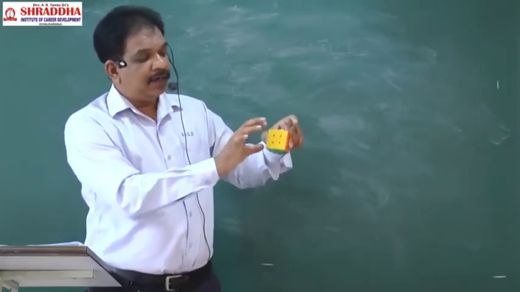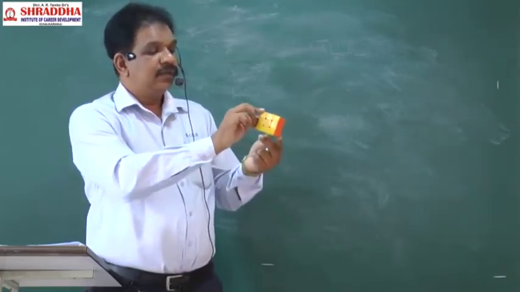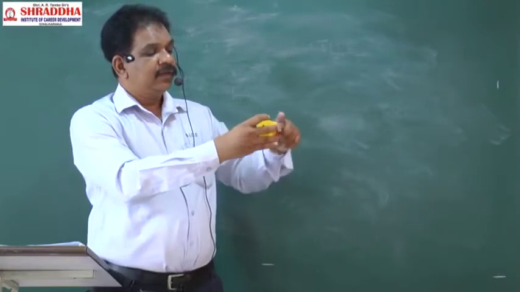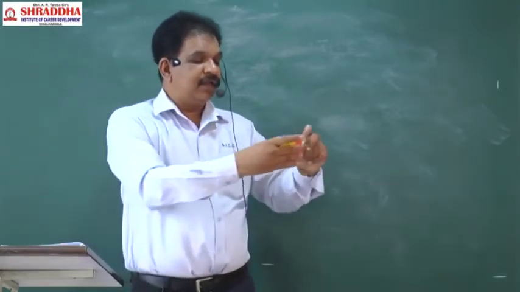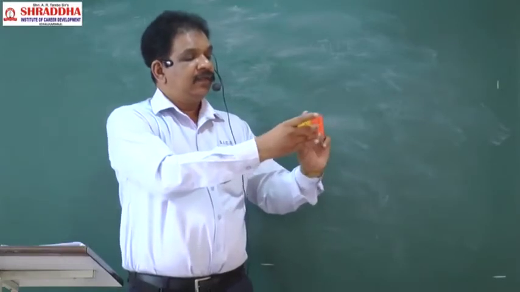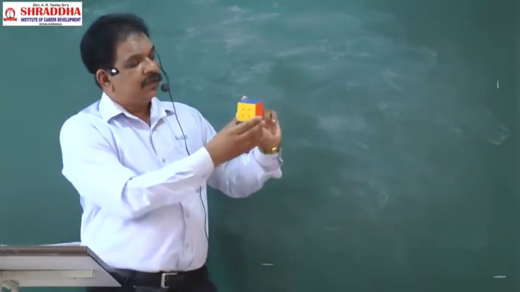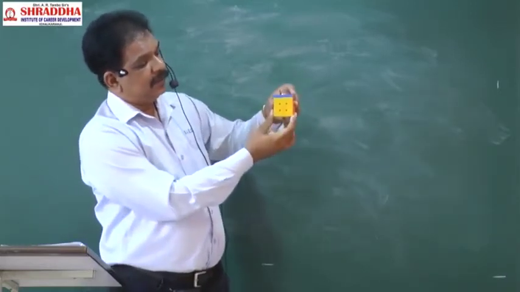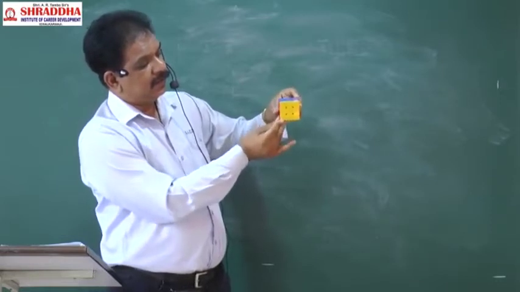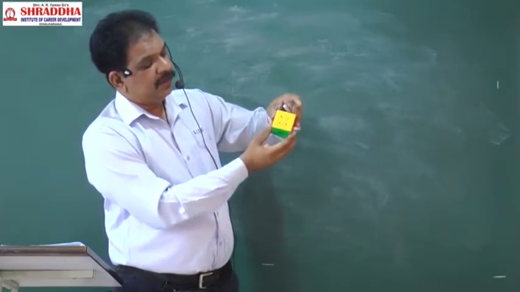But here we need the body diagonal, this one and this one. This is one diagonal, this is another diagonal. Is it visible for you? This is one diagonal, see, this is another, or this is another, this is another.